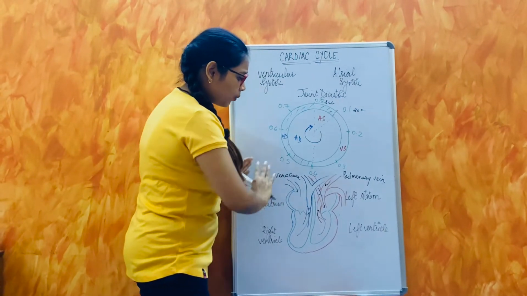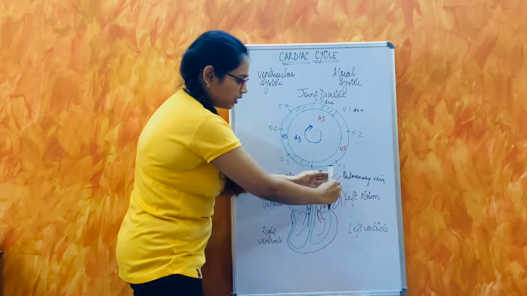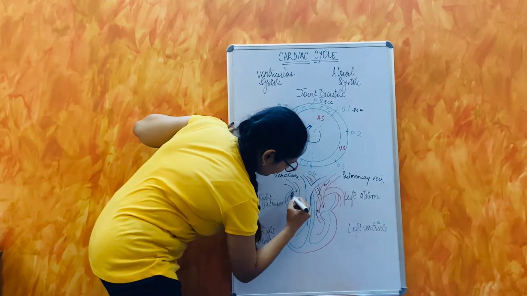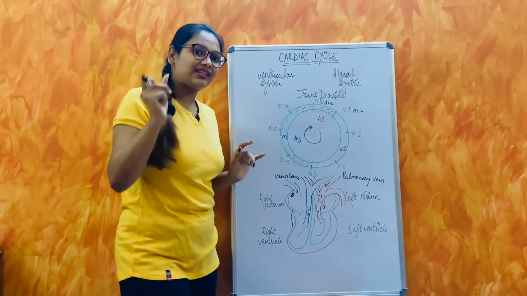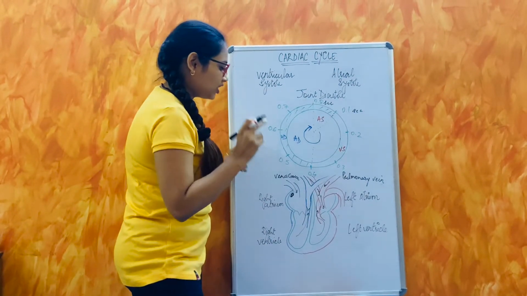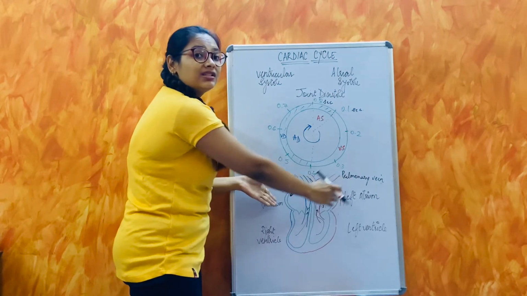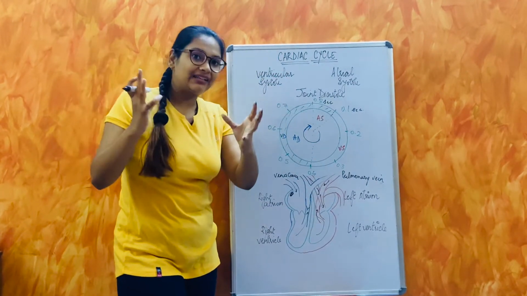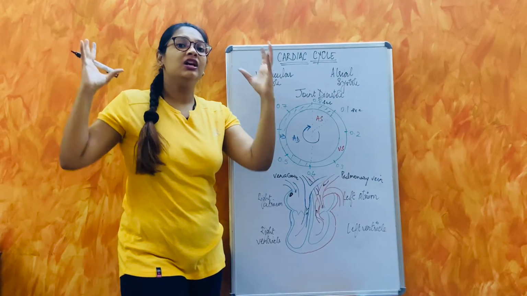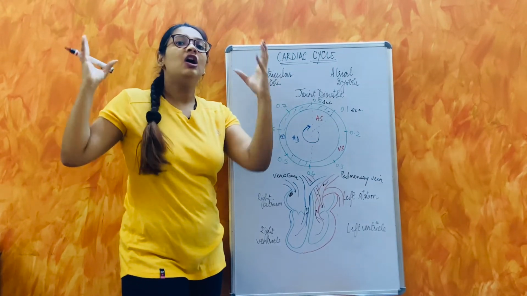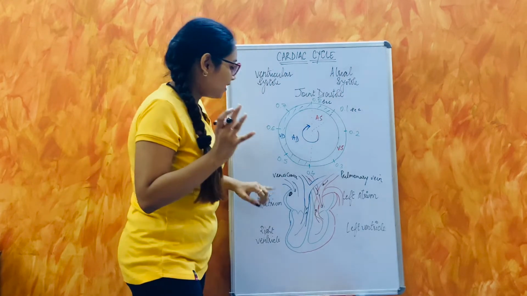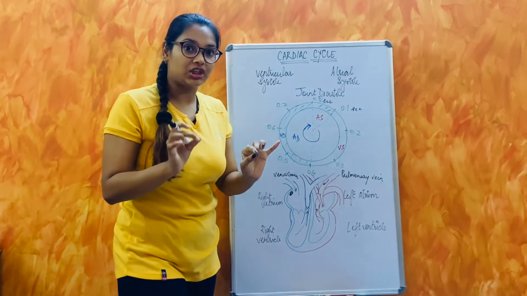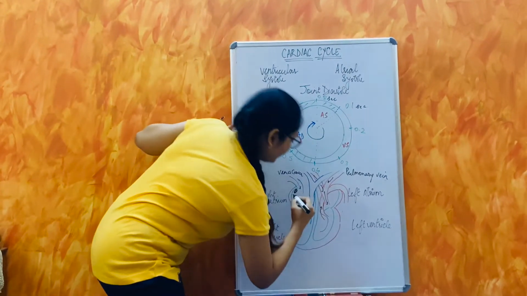When the blood is filling in, there is a sinoatrial node right here which generates a potential that leads to the systole of these atria. The atria contract together as a whole, because there is an action potential generated by the SA node.